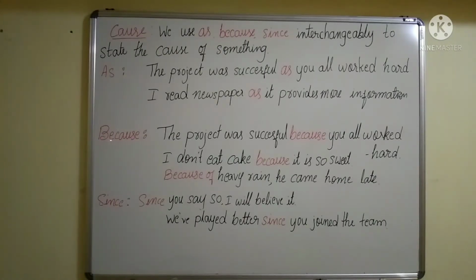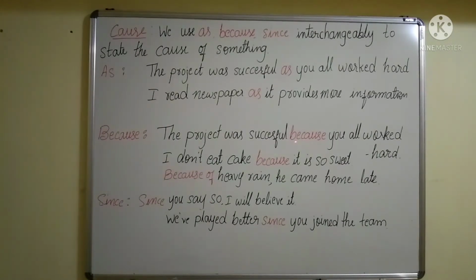Next, let's move on to the subordinating conjunction because. This also gives the same meaning and is also used in the place of as. See, I have written the same sentence here: "The project was successful because you all worked hard." I have taken the same sentence to make things clear. The project was successful.